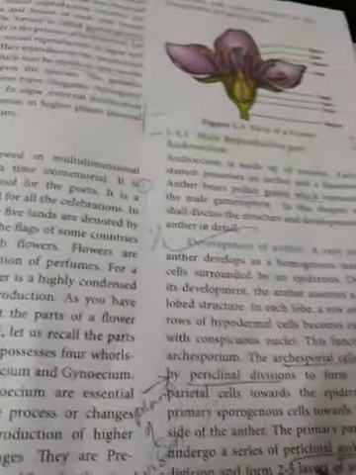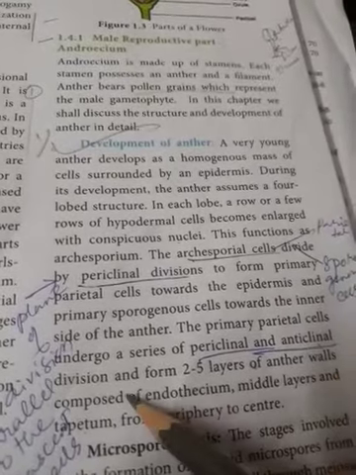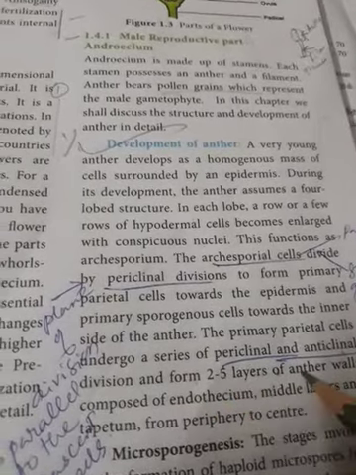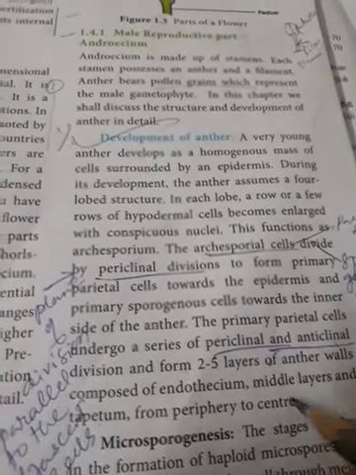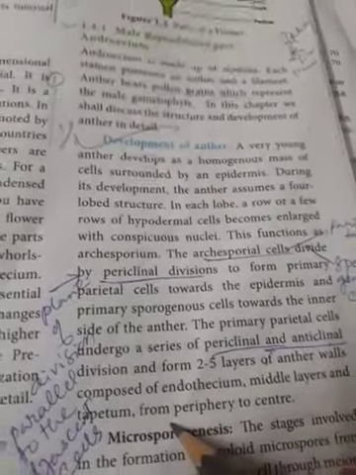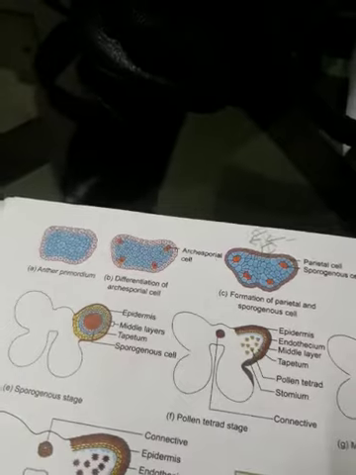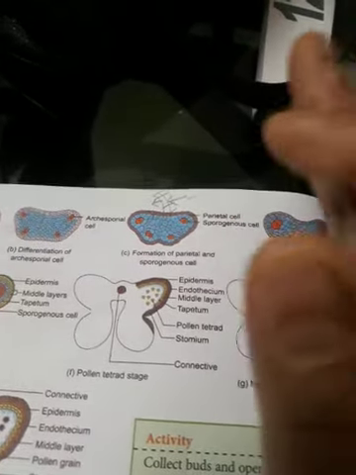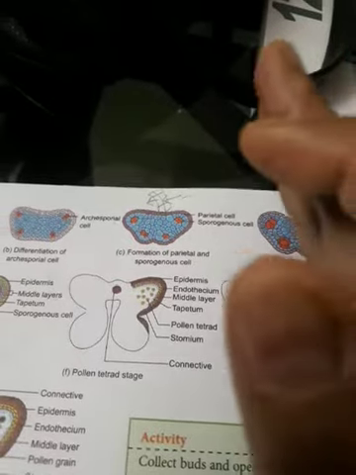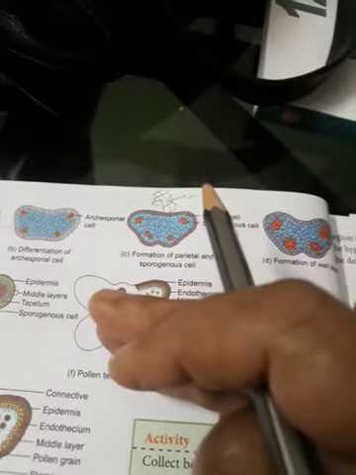So these primary parietal cells divide in a series of periclinal and anticlinal divisions and form 2 to 5 layers of anther wall composed of endothecium, middle layer and tapetum, from periphery to the inside. So the main function of these primary parietal cells is to develop the anther wall. What are the 3 layers of the anther wall? Endothecium, middle layer and tapetum.